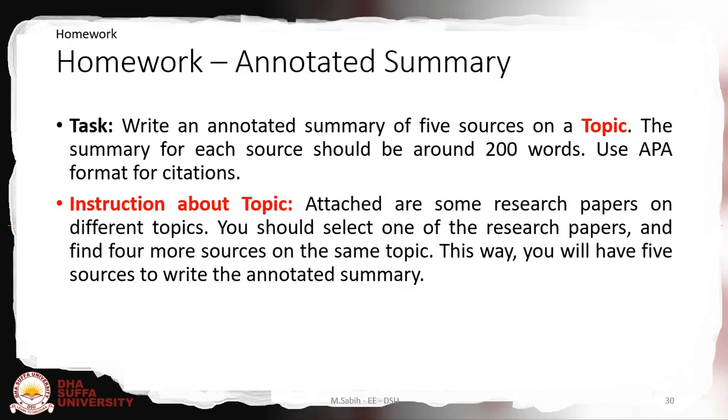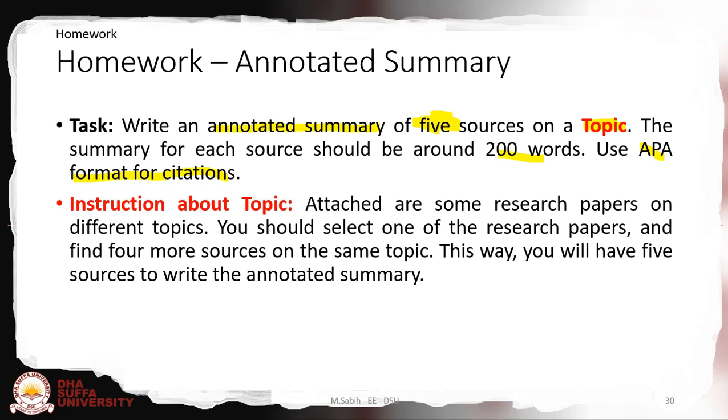So in the end, the task is you have to write an annotated summary of 5 sources on a single topic. The summary should be around 200 words, and it's better to use the APA format for the citations. Now some instructions about the topic.